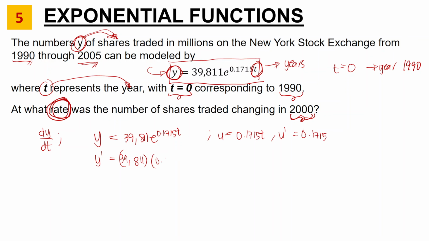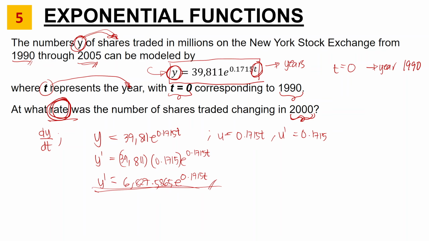So times 0.1715 times itself, e raised to 0.1715t. So our y prime, or the rate of change of the number of shares traded in millions per year, is just equal to 6,827.5865 e raised to 0.1715t.